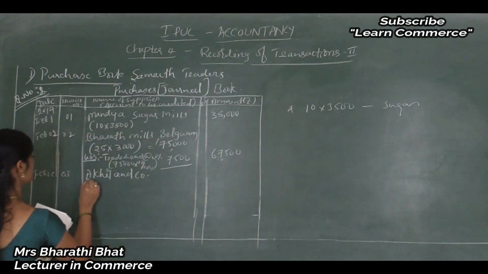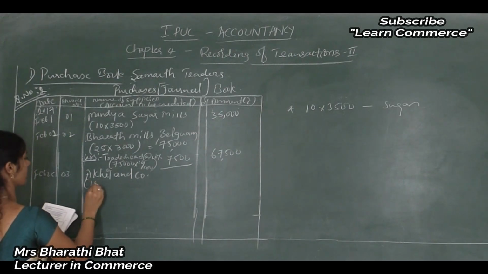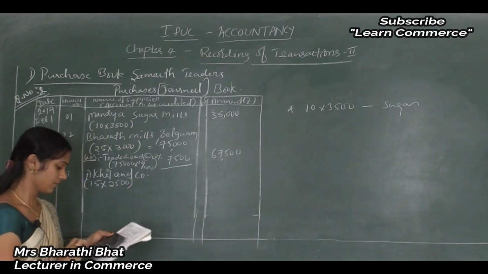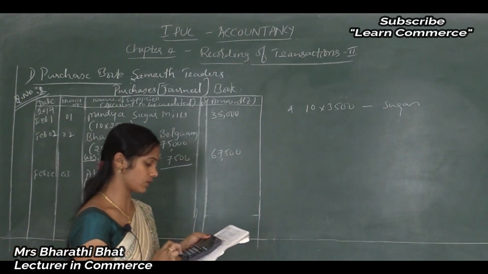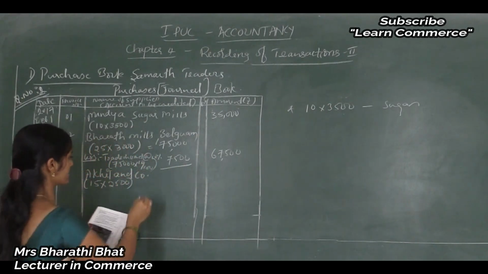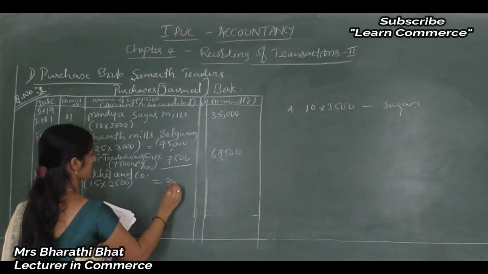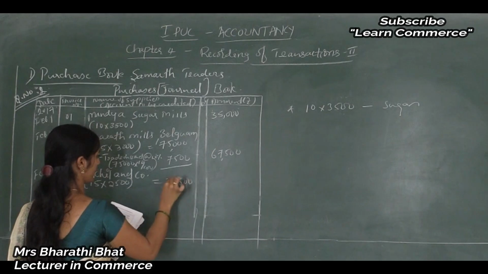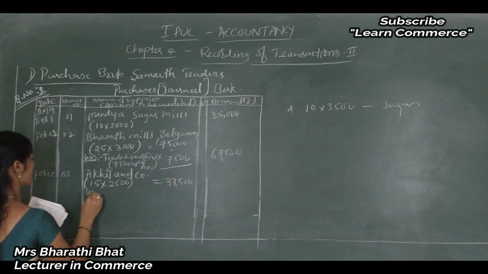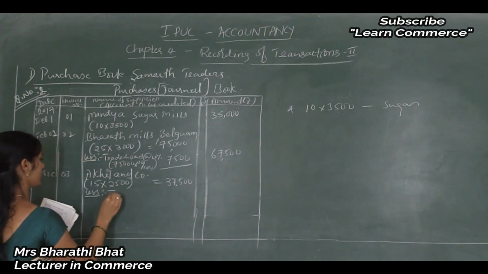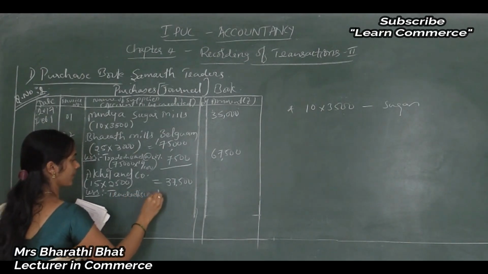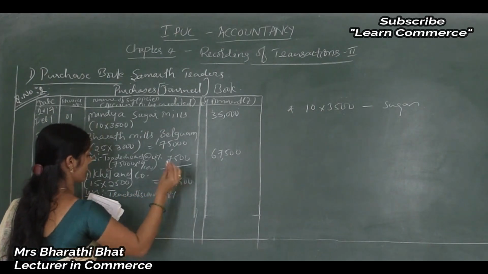So very simple. How much? 15 into 2,500, 37,500 in this column only, 37,500 and less trade discount at 8%.